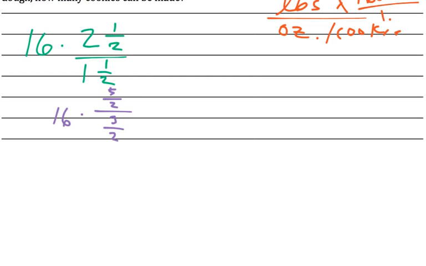So why not just multiply the bottom by its reciprocal? And then do the same thing up top. I know that in doing that, this fraction will go away. So that I have 16 times 5 over 2 times 2 over 3.